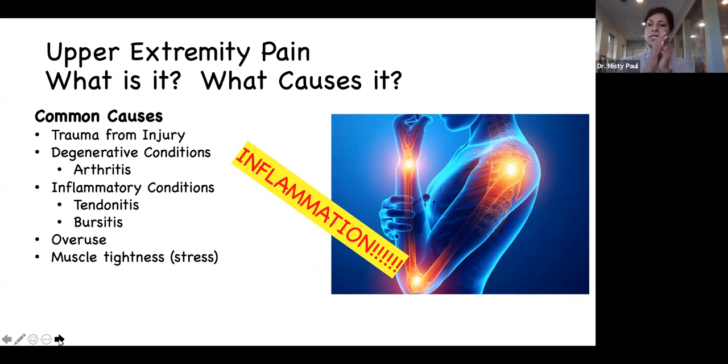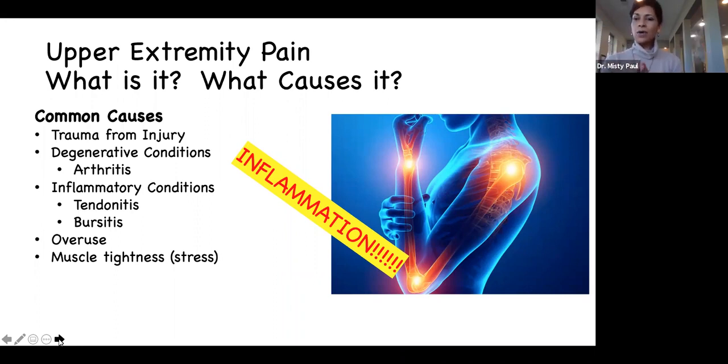Did you know that there's these little fluid-filled sacs, bursa, in between all of our joints? And so those bursas can get inflamed, and then as you try to move your elbow around or shoulder around, it's the inflammation of the bursa that's producing that pain.